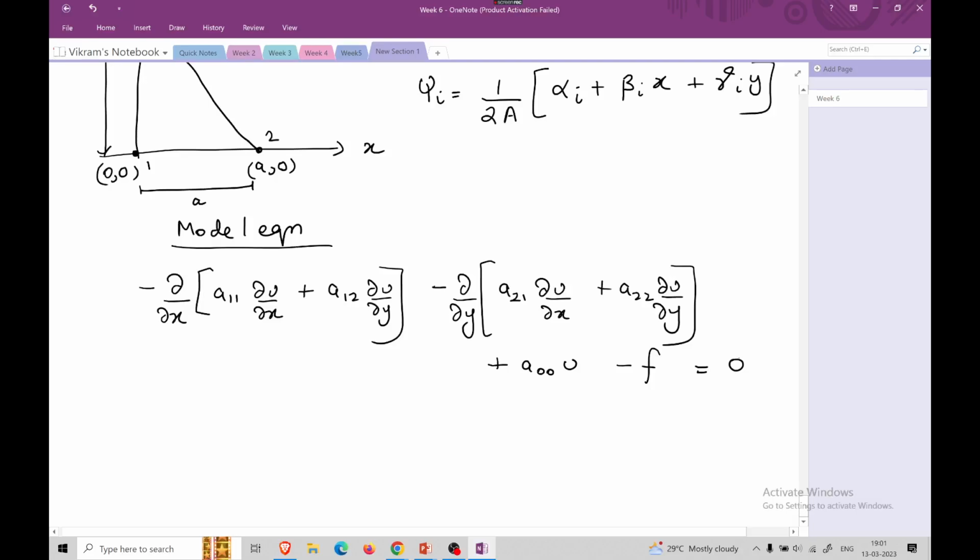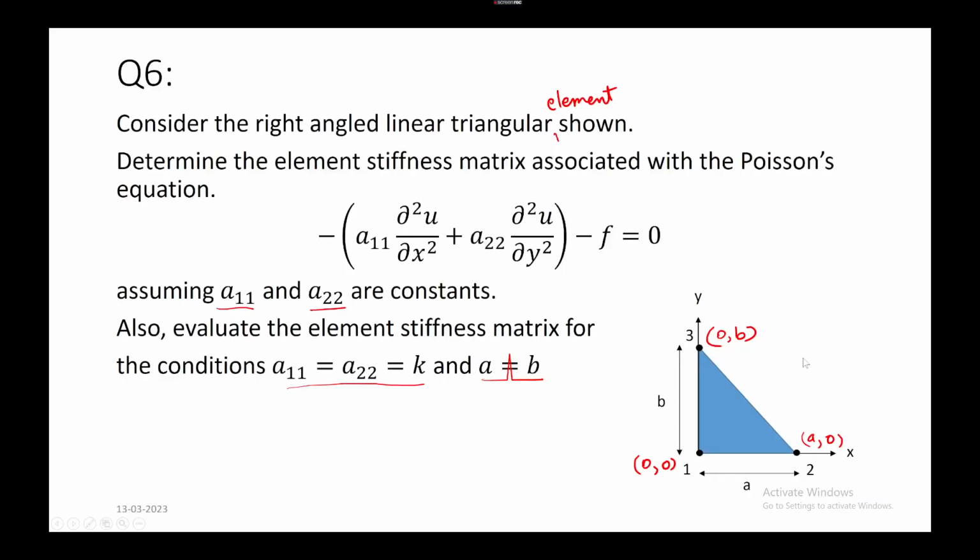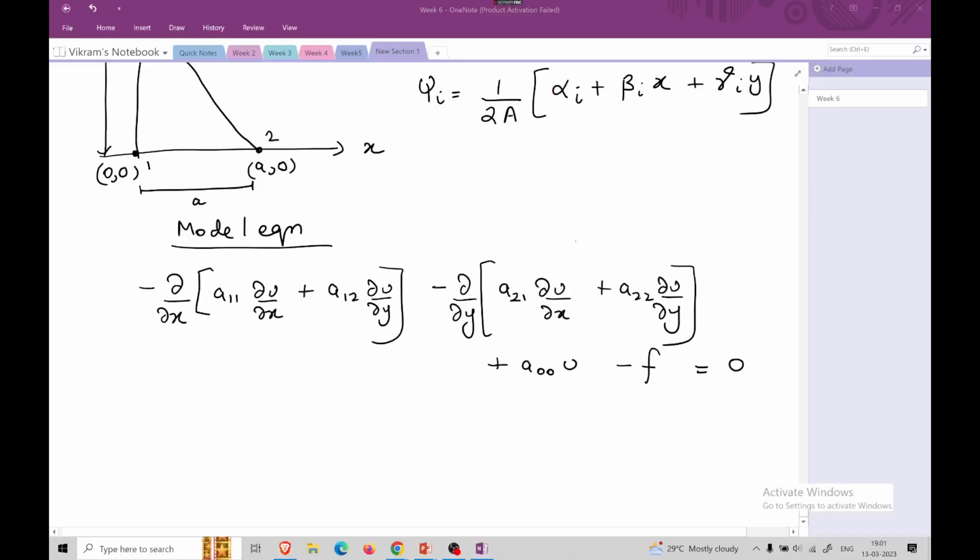If you want to convert this model equation into this Poisson's equation, essentially my a12 and a21 become 0. So these two will vanish and my a00 will also be equal to 0. So this is how I will get the Poisson's equation.